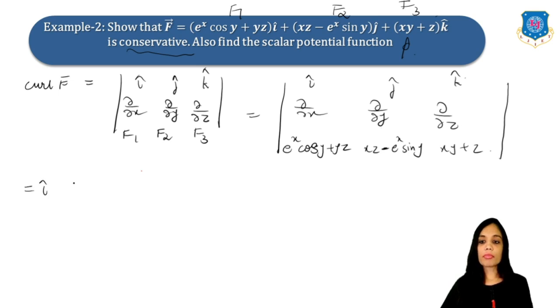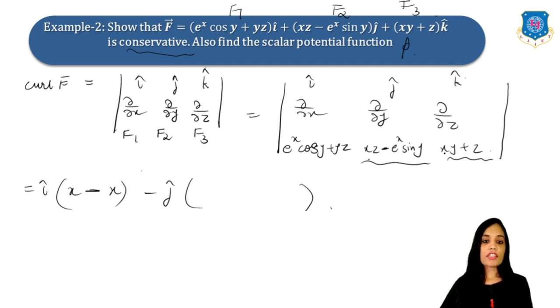Let us solve the determinant. We have to solve this derivative with respect to y, so the answer will be x, minus the derivative with respect to z, so x minus x. Now minus j: we solve this function with respect to x, so the derivative will be y, minus the derivative with respect to z, so minus y again.